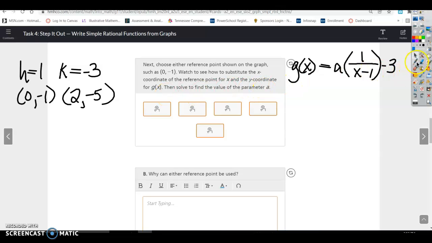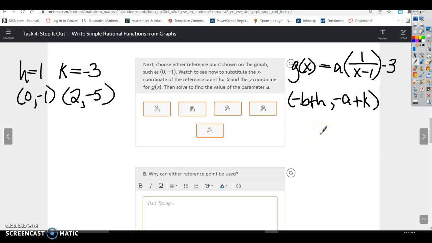If you remember our two reference points, we had equations here, and the first one is -b plus h and -a plus k.